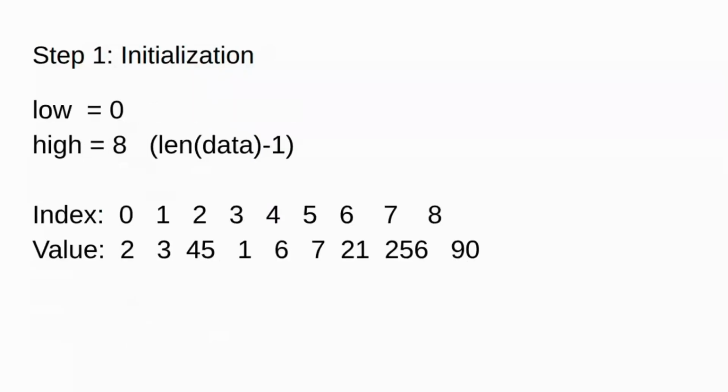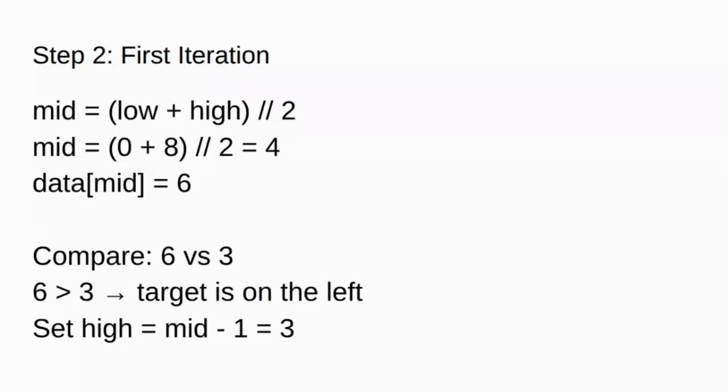Now it will compare 6 with 3, which is the target value, and it notices that the target is on the left side, and therefore it's going to set high equal to the middle index minus 1. That is 4 minus 1, that is 3.